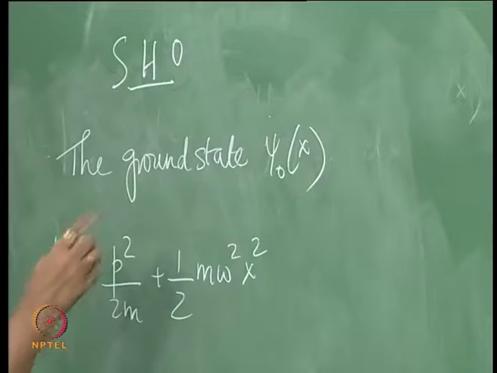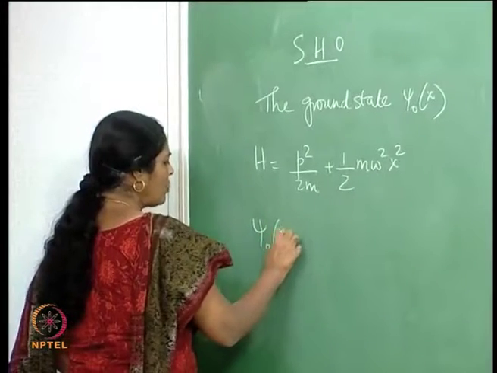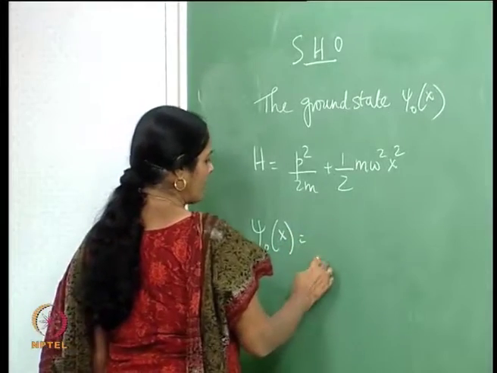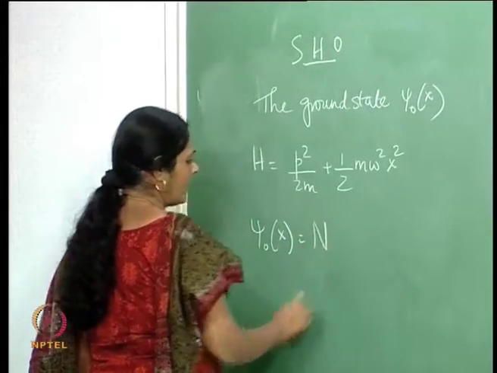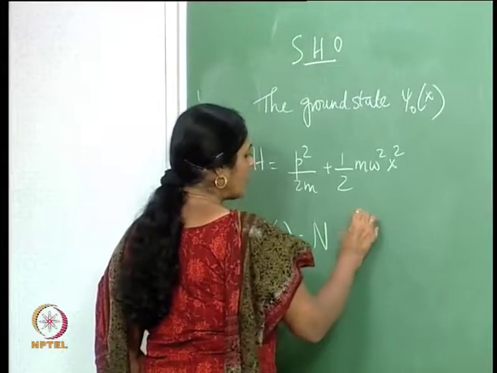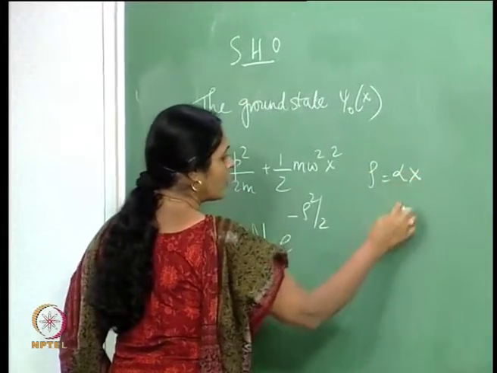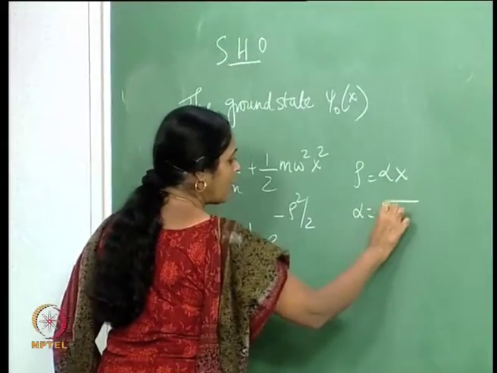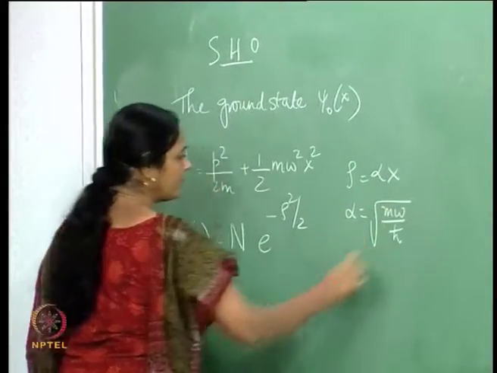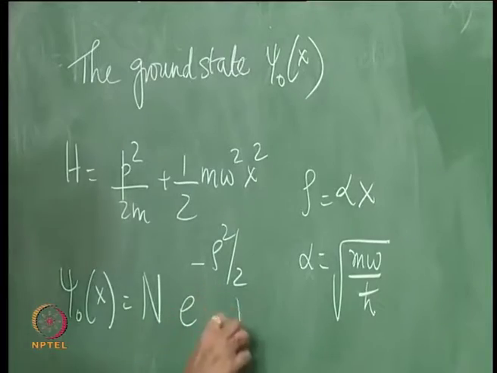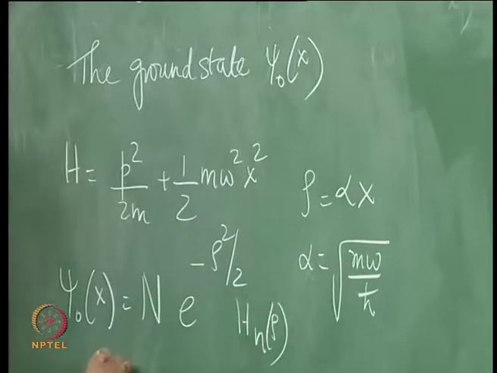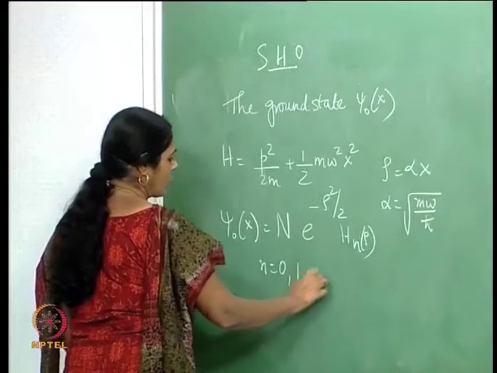You will also recall that the ground state of the oscillator in the position representation was a Gaussian, and in fact psi 0 of x, apart from a normalization N, had e to the minus rho squared by 2. I defined a dimensionless variable rho equals alpha x, where alpha had dimensions of inverse length, times H n of rho, and n of course took value 0, 1, 2 and so on.